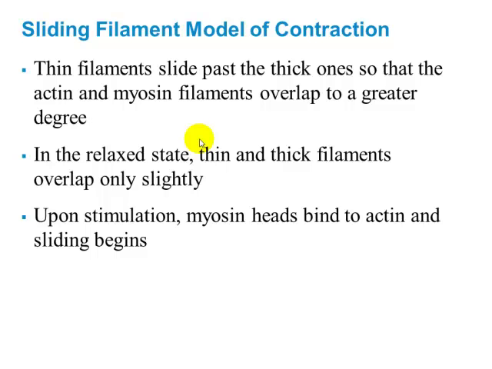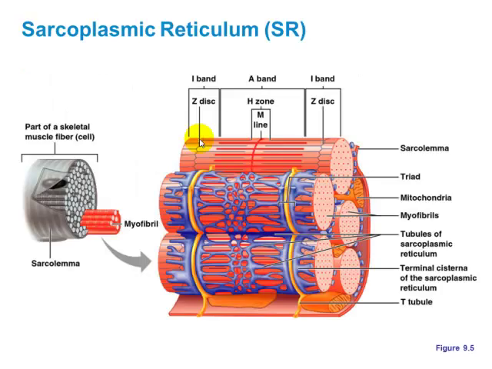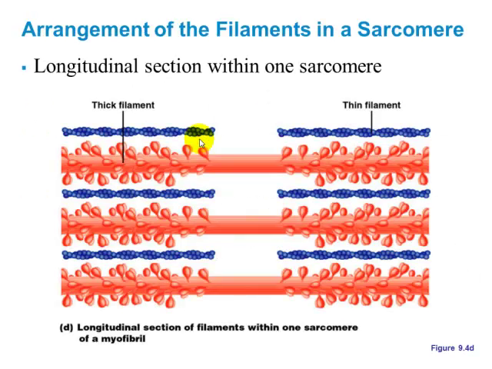The way that this is going to occur is by the myosin head binding with the actin, and then it's going to actually ratchet forward. When it ratchets forward, it's going to shorten the overall distance. So let's take a look back at this diagram here, and just imagine, if you will, for a moment.